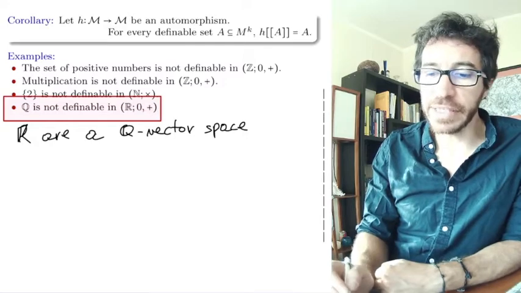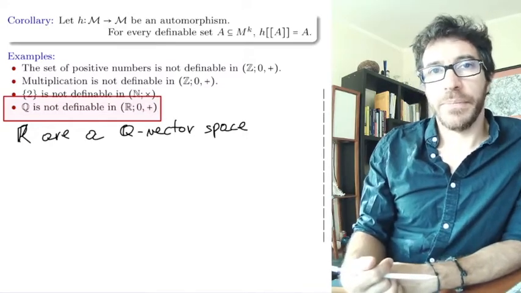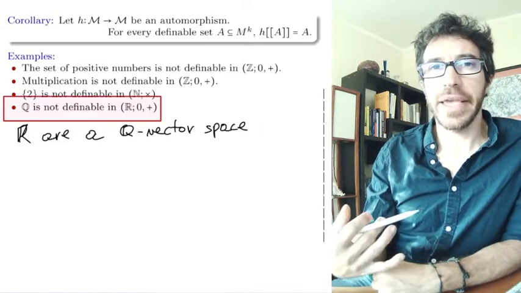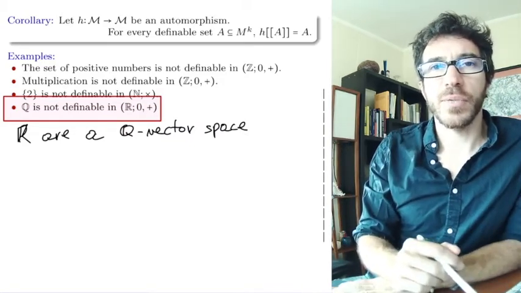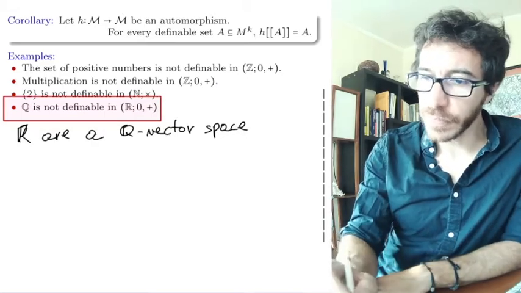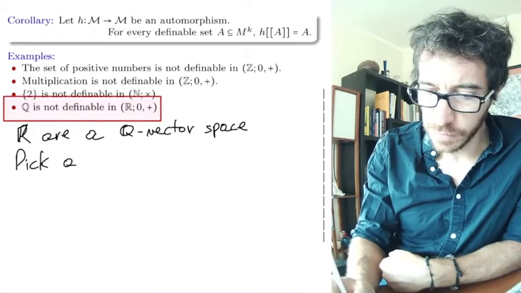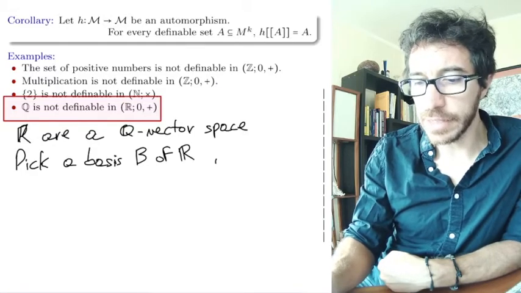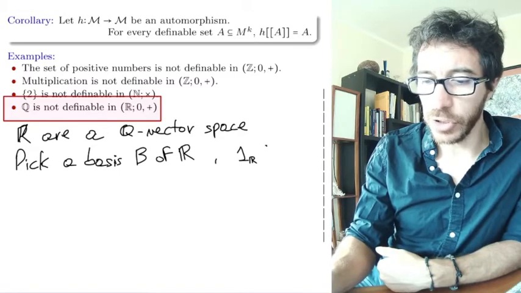The advantage of looking at R as a Q vector space is that we know how it behaves, because when we learn about vector spaces, we know about their automorphisms. So all we have to do is pick a basis B for R, and assume that the element 1 of the reals belongs to the basis.